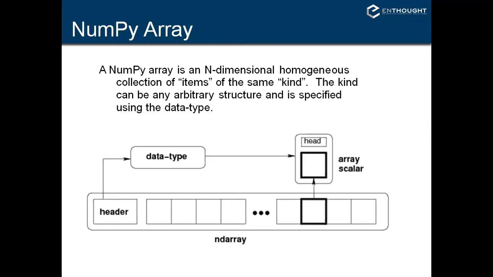So a NumPy array is an n-dimensional homogeneous collection of items that are of the same kind, and you can use it. So this is how the n-dimension array is defined.